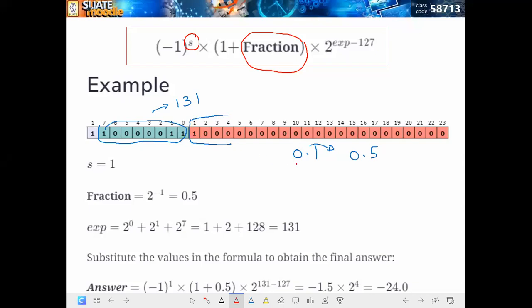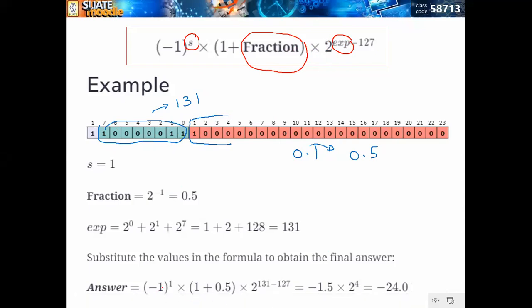This was 0.1, and we converted that to the 0.5 fraction. Then we now know exp from the exponent. This part we derived the decimal value represented by this binary value. It's 131, right? Now we can apply them to this formula and we can get the answer like this.